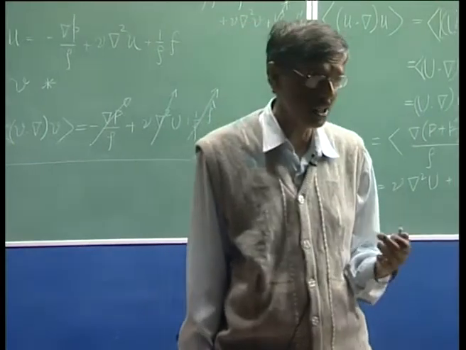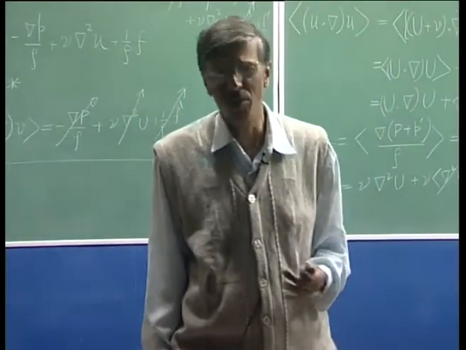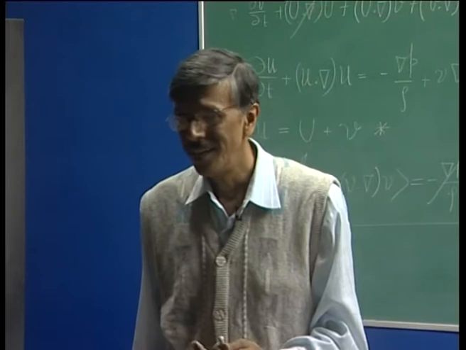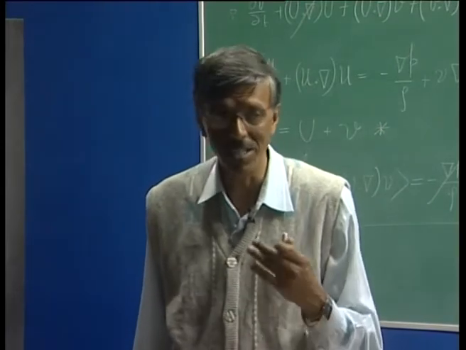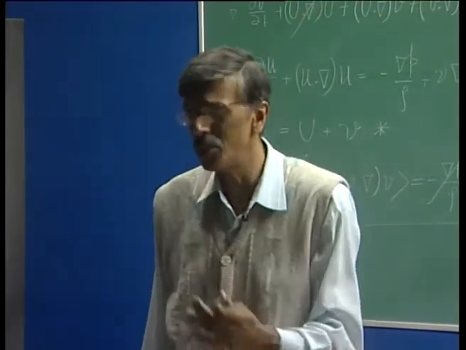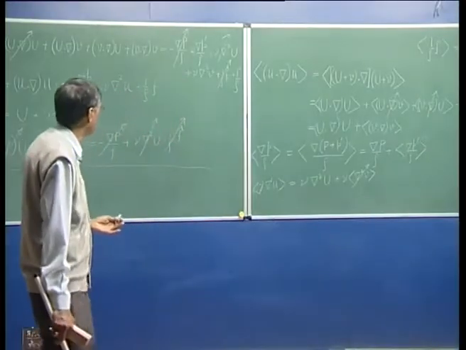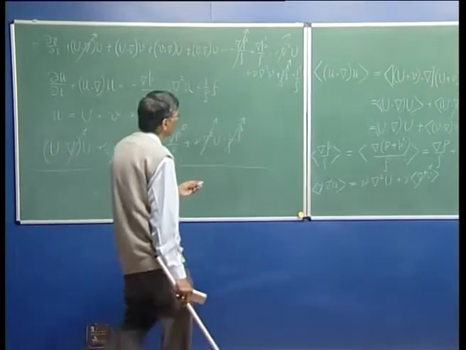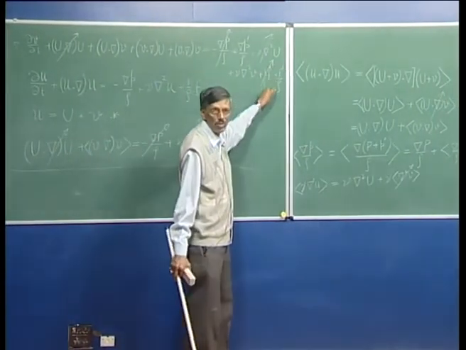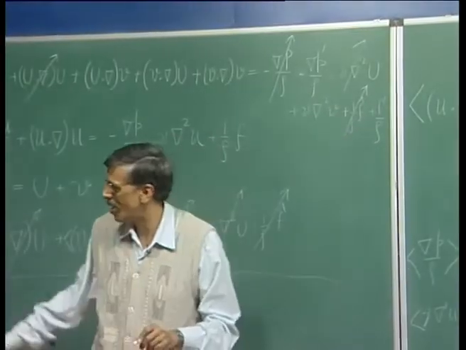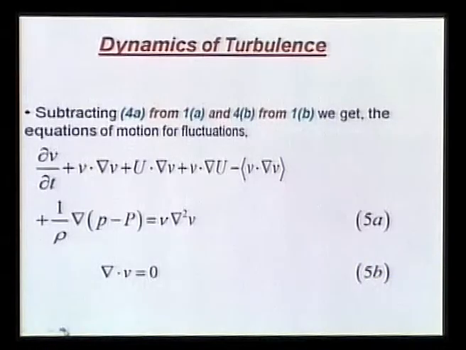So we are not talking about a body force which is random. We are talking about some deterministic, but possibly time dependent, body force. So if I talk about that, then what happens? There is no such thing as a fluctuating component f prime. That is why we did not write anything here.